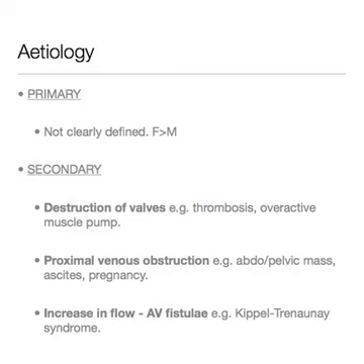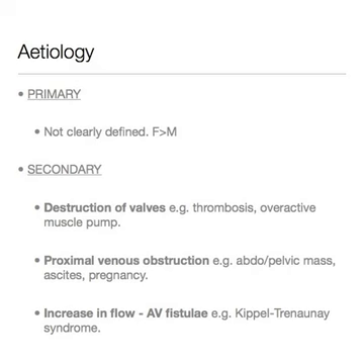The underlying etiology of varicose veins is not clearly defined, and in the majority of cases there is no clearly defined cause. However, varicose veins occur more often in women than men and may also occur during pregnancy as a result of pressure on the inferior vena cava by the gravid uterus.